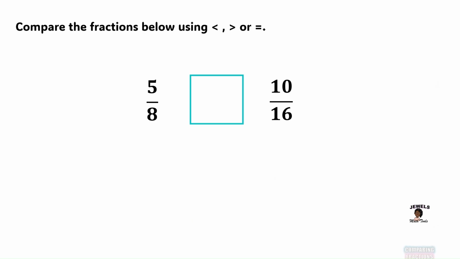Okay, so now we have a second fraction that we're going to work through with converting first to our equivalent fraction and then comparing. So now we're looking at the numbers in this denominator, and in our denominator for this question, we have the numbers 8 and 16.